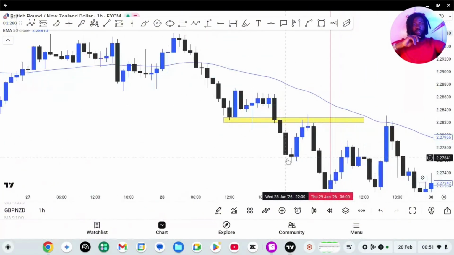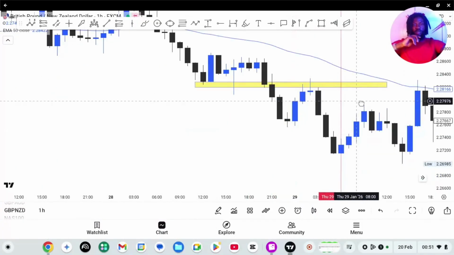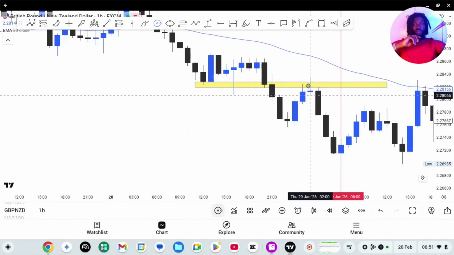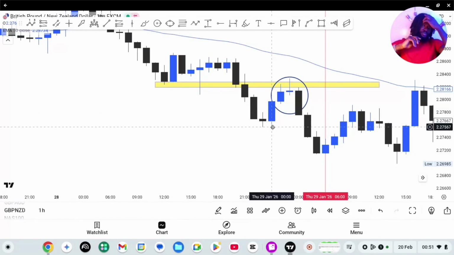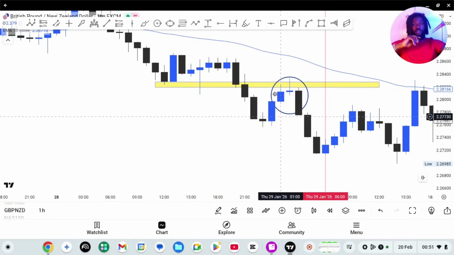Now let's see a very sweet example here. This is the morning star. Now the first candle, we have the second candle printing a morning star, and the third one we have a very bearish engulfing candle.